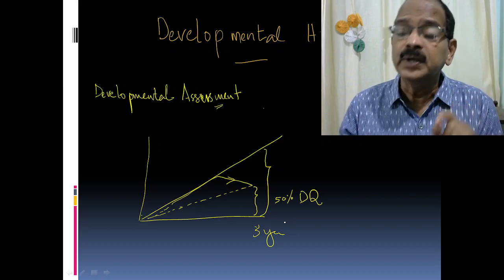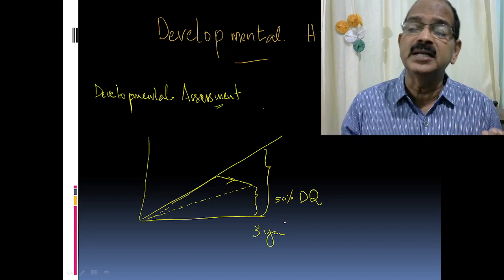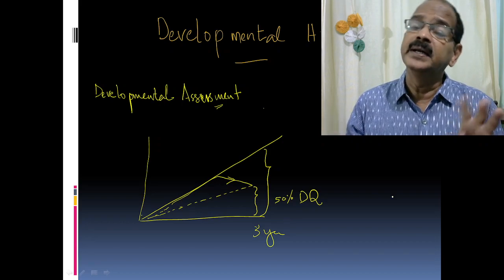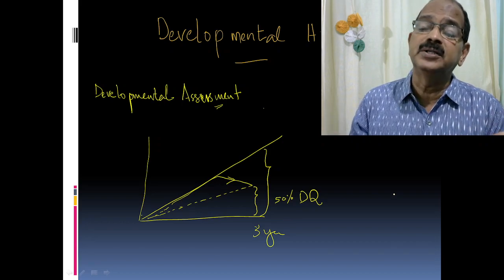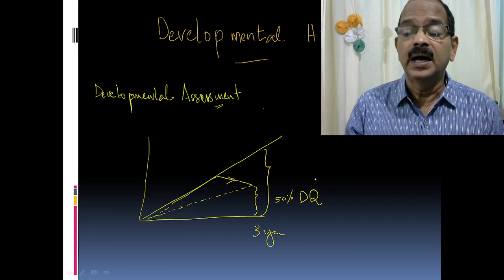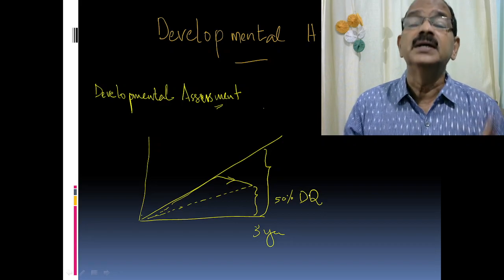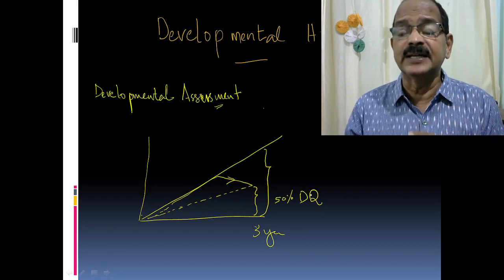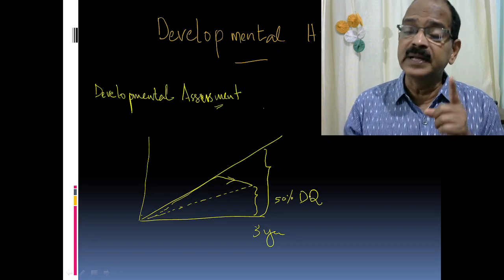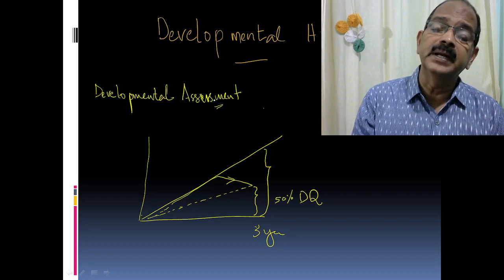In fine motor he should be drawing a circle, and in speech, many things about the understanding. And the assessment shows that he is performing like a 1.5-year-old child, and the developmental quotient is 50%. In that situation, the developmental assessment alone is not enough. You need to go back to the developmental history.